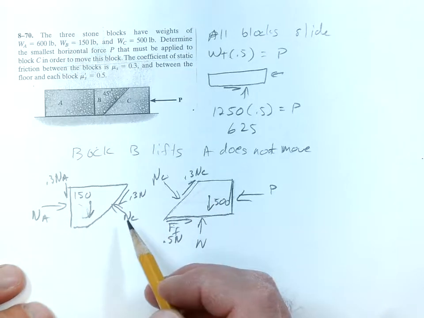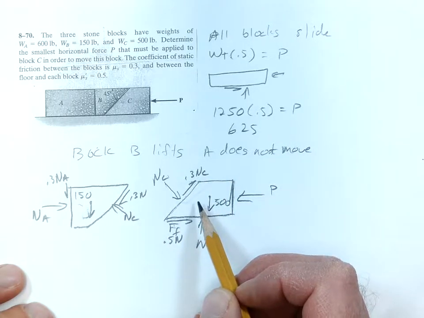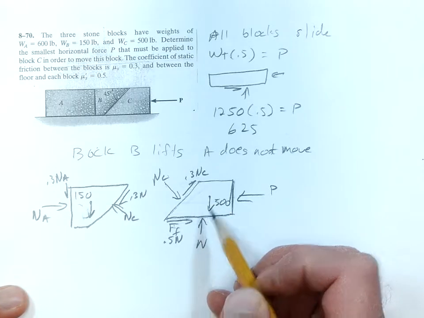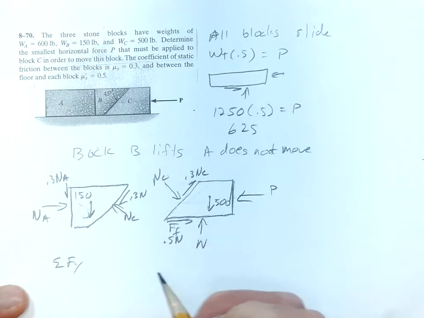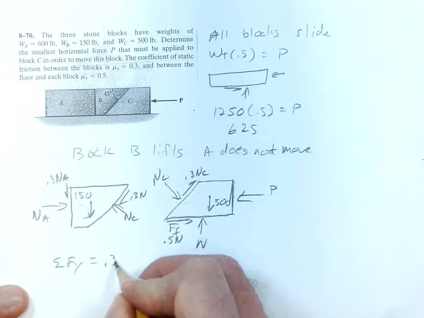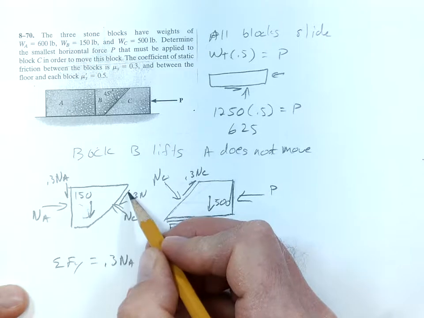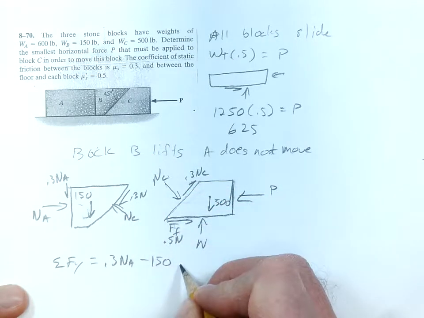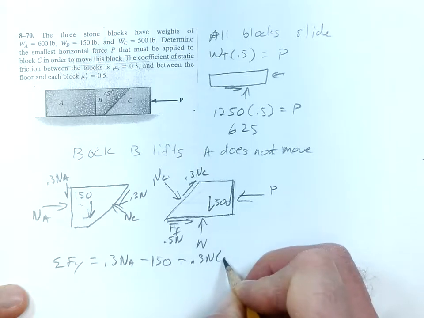Let's write the equations for this block first. So we'll sum the forces in the y. So we got 0.3 NA down, minus 150. This angle here is 45 degrees, so we got negative 0.3 NC times 0.707, right?